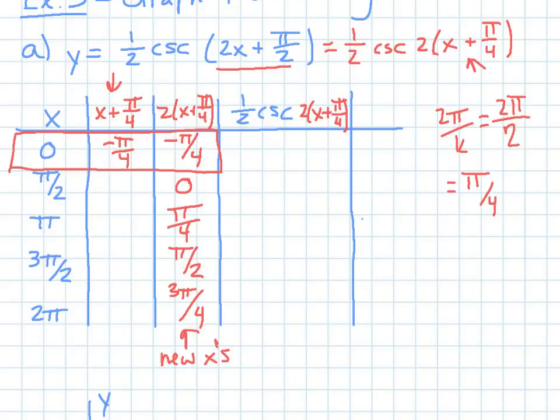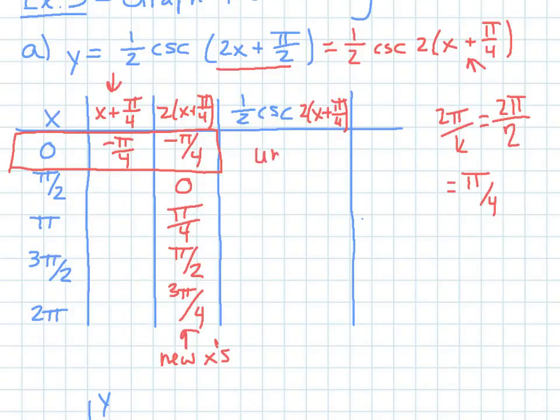Now I'm going to plug those into my cosecant function. Remember, we're looking for the same values we had in the last video, where you'll have undefined lines, and 1 and negative 1. If I plug in negative pi over 4, that gets me negative pi over 4 plus pi over 4, which is 0. 0 times 2 is 0. Cosecant of 0 is the reciprocal of sine, so that was undefined.